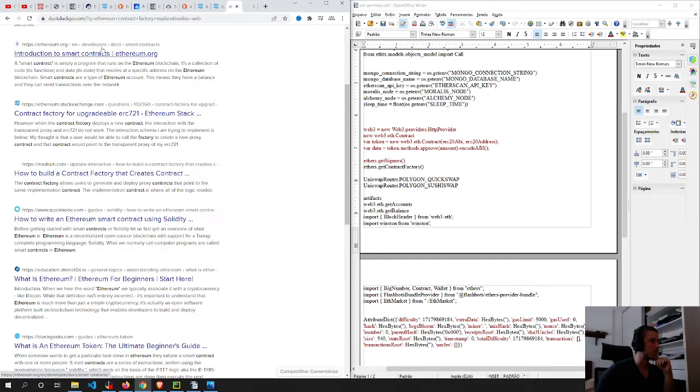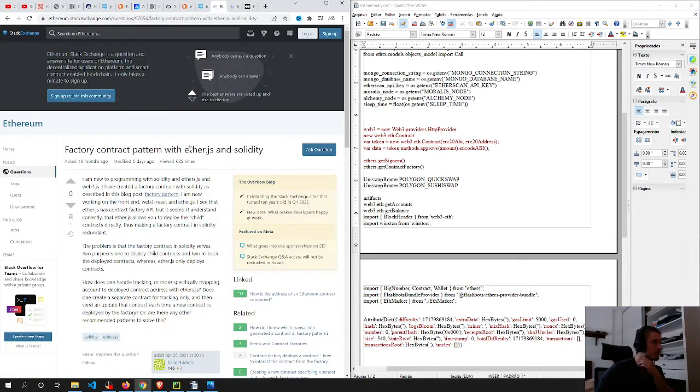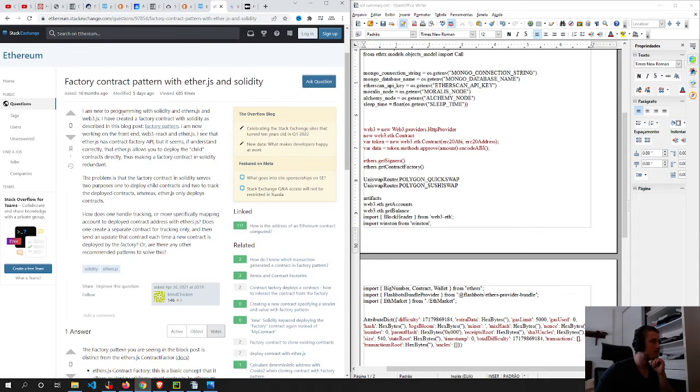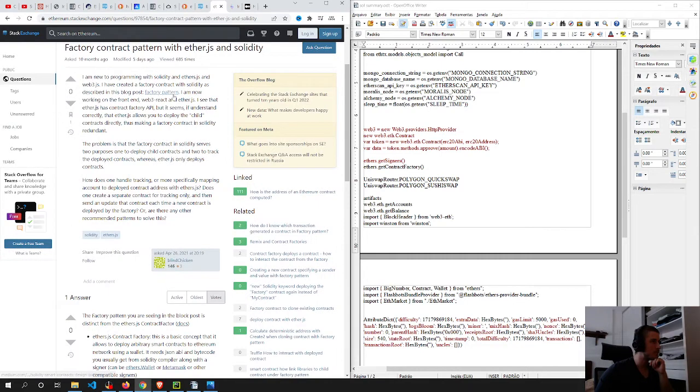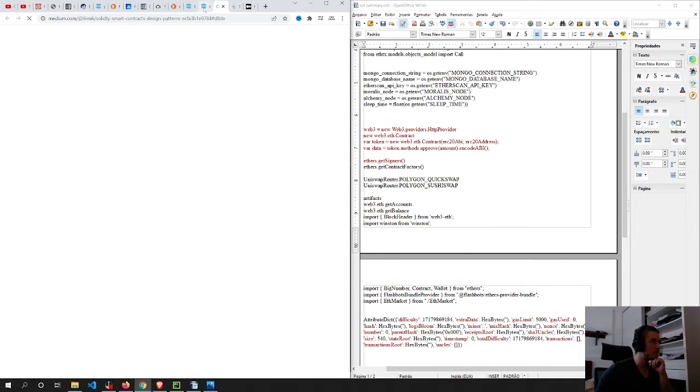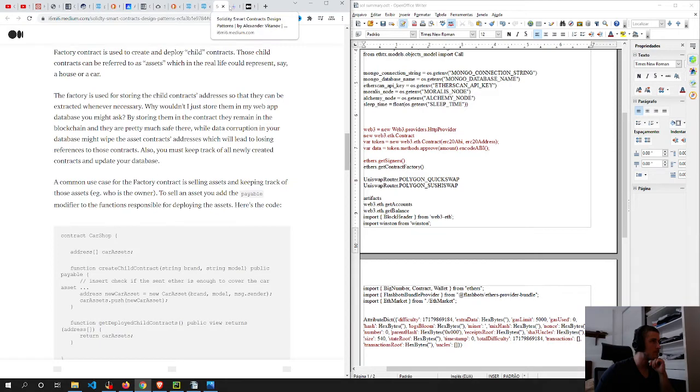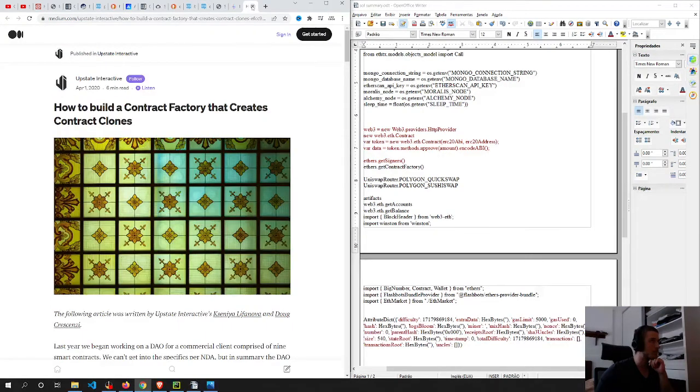Maybe this one is good. And this one. It's probably the same block.